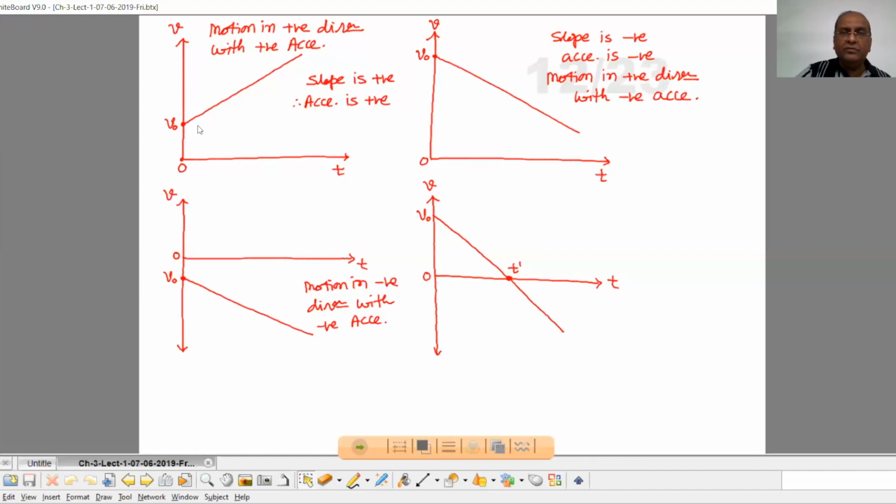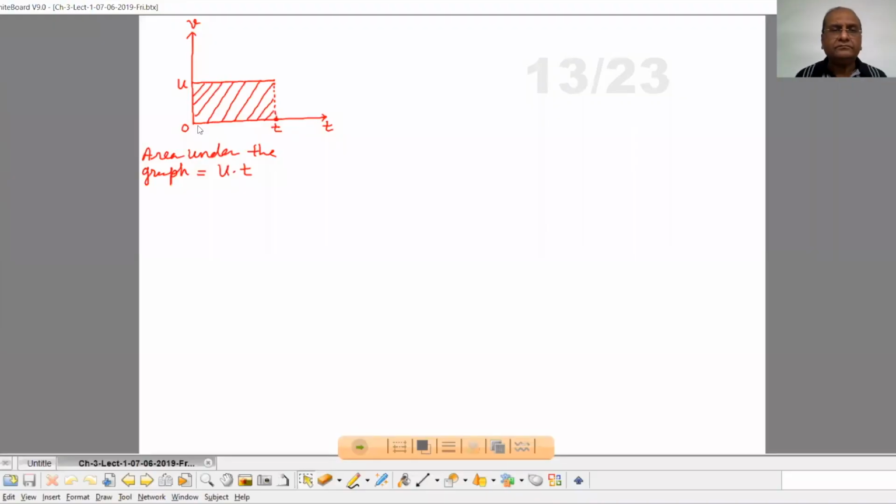Clear to all of you? Now one more important result from the velocity-time graph. Suppose our velocity-time graph is a straight line parallel to the time axis. It implies that the object is moving with constant velocity.